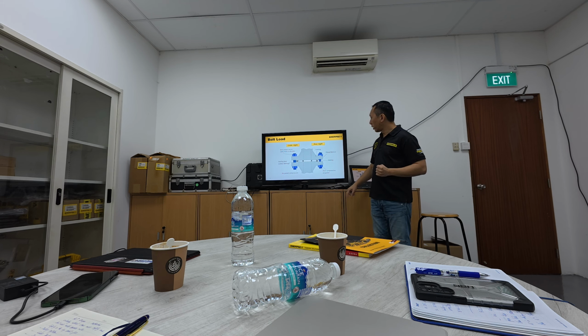So what are the factors that we need to consider when we do a bolt load calculation? Okay, we need to know the gasket compression and tightness factors. We need to know the strength of the flange and the bolt. So that's why we need to know whether it's ANSI, API, the flange, the bolt type, the grade of the bolt, the nut, and what type of coating.